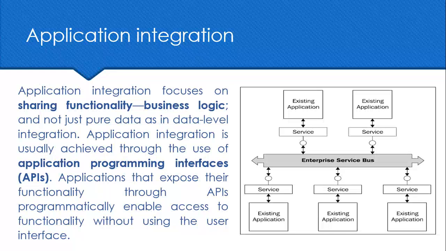So applications that expose their functionality through APIs programmatically enable access to functionality without using the user interface. For example, if you pay using MasterCard or a debit card, and your card is from Land Bank or BPI, which are common.